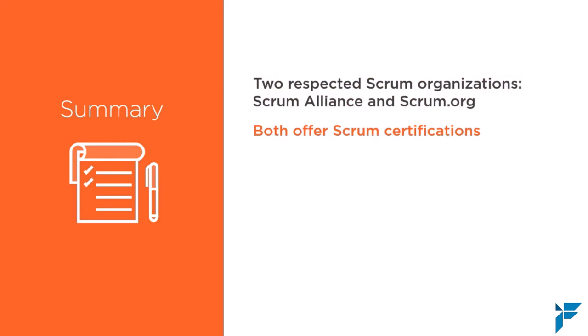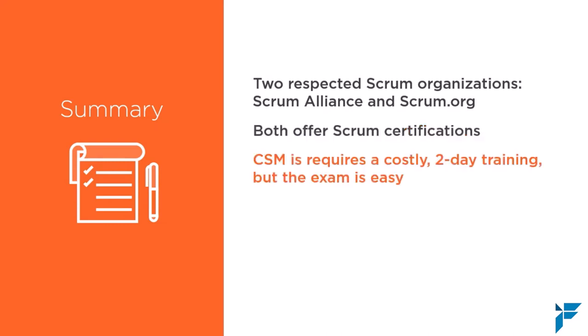Scrum Alliance offers the Certified Scrum Master, or CSM, and Scrum.org offers the Professional Scrum Master, or PSM. The CSM is costly because of the 2-day training requirement, but once you pay for that training, it's almost impossible to fail the exam. You will have to pay a renewal fee every 2 years to maintain the credential.